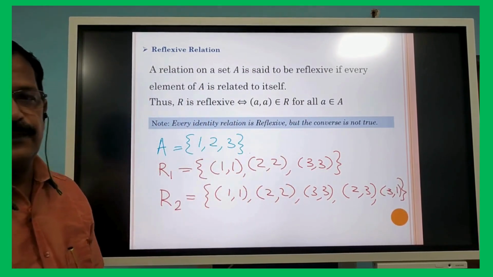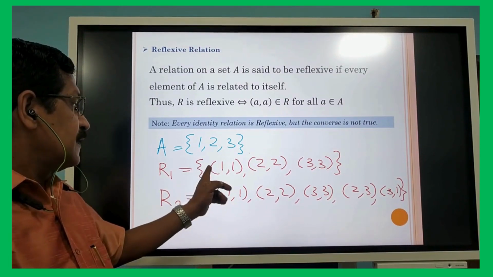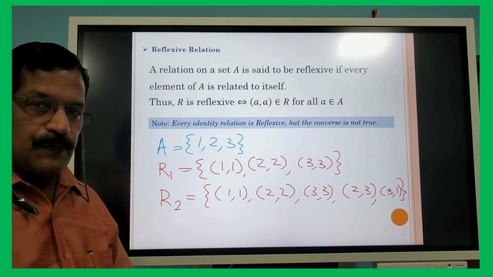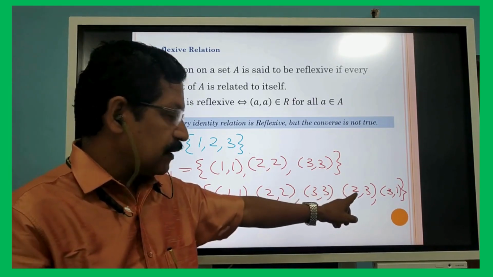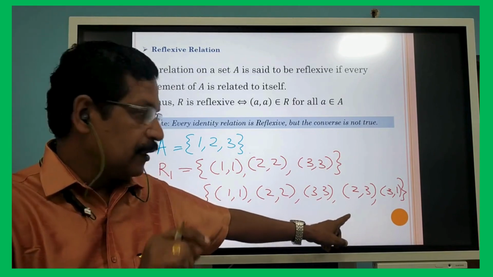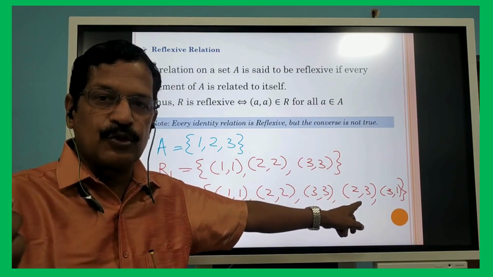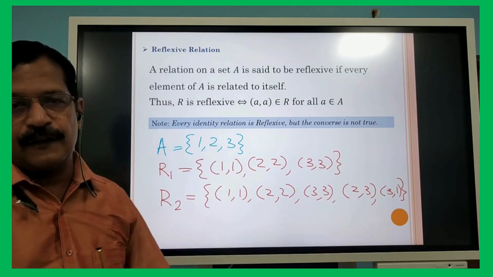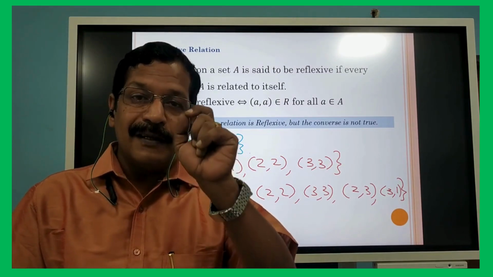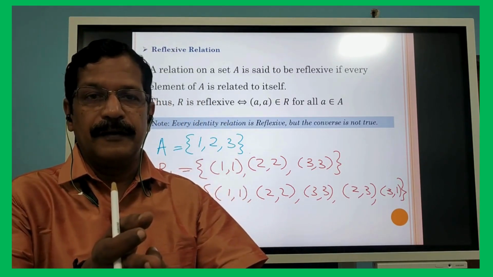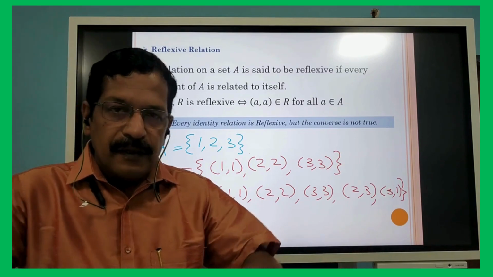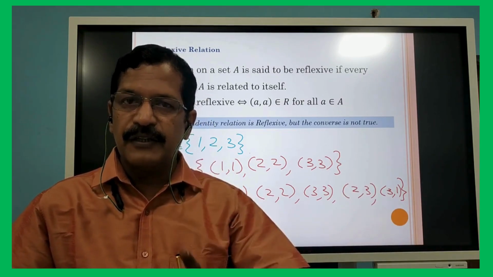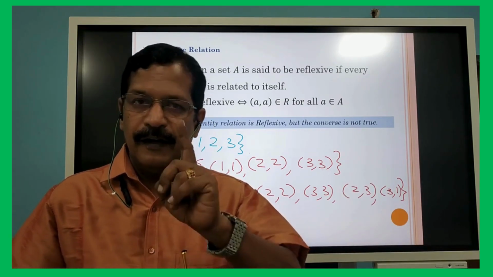See, R1 is reflexive as well as identity. But R2 is not identity. Why? Because all elements are related to themselves, but 2 is related to 3 also and 3 is related to 1. So in the second case, R2, it is reflexive but not identity. So we can conclude that every identity relation is reflexive, but every reflexive relation is not an identity relation.